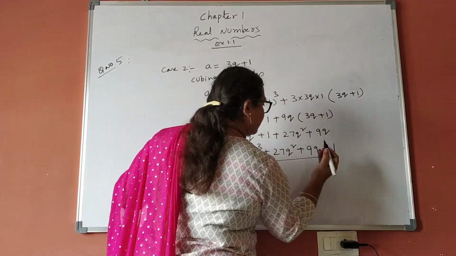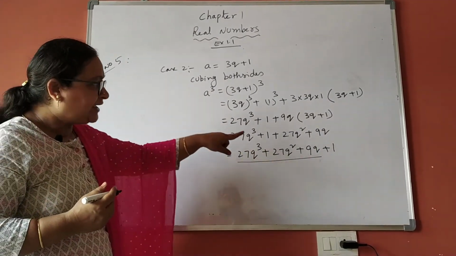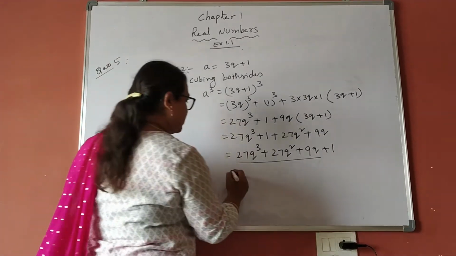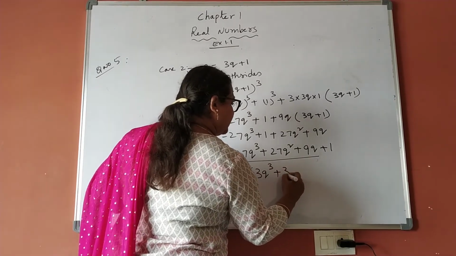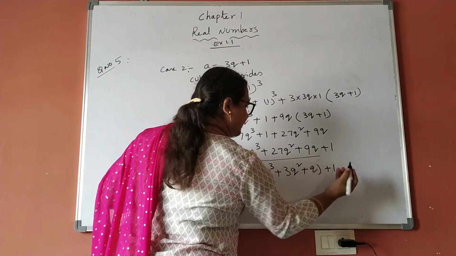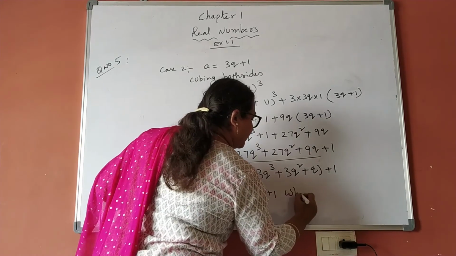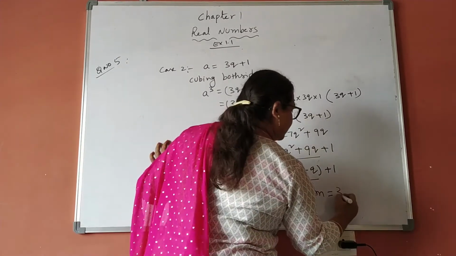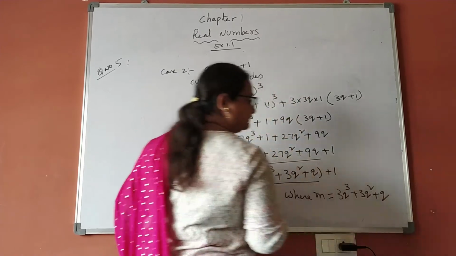Now we can take a common factor from these three terms. We can take 9q as a common factor, but we won't take q. We will take only 9 as common factor. 3q cube plus 3q square plus q plus 1. This is equal to 9m plus 1, where m is equal to 3q cube plus 3q square plus q.